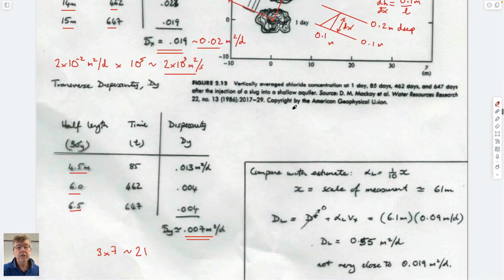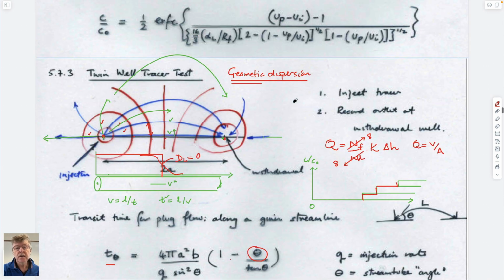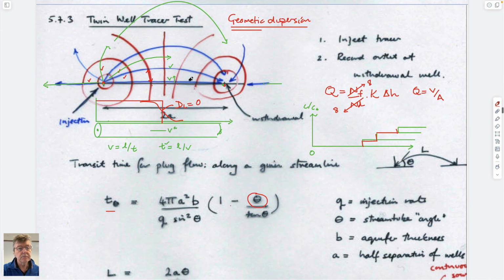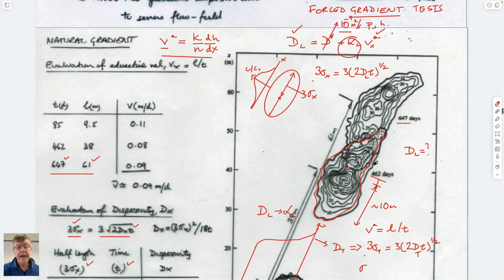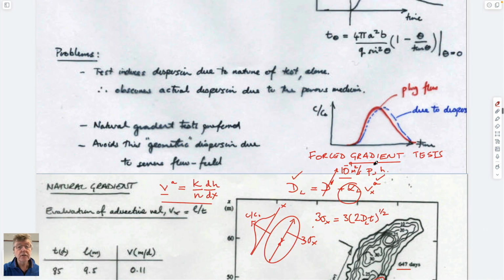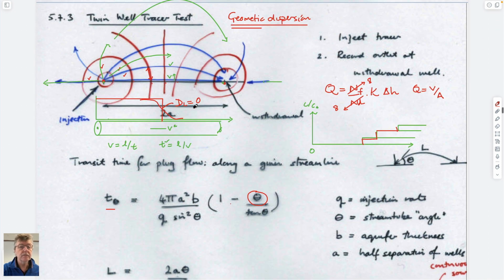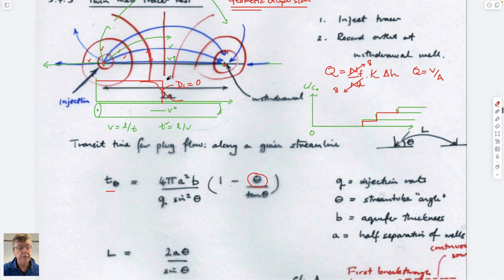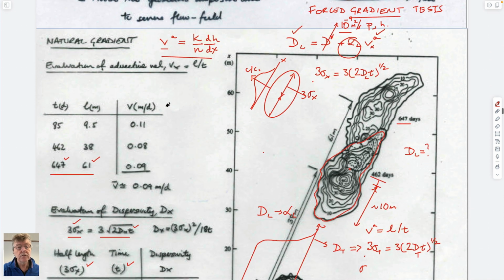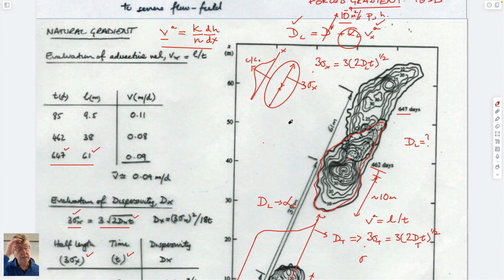But that doesn't work very well because it has some dispersion, which is just a geometry of the flow system, which is completely unrelated to the material property. And also it uses a gradient which is much higher velocity than is in situ, and therefore doesn't return very good values for that reason, perhaps. And the best way to do it would be to use a natural gradient test.